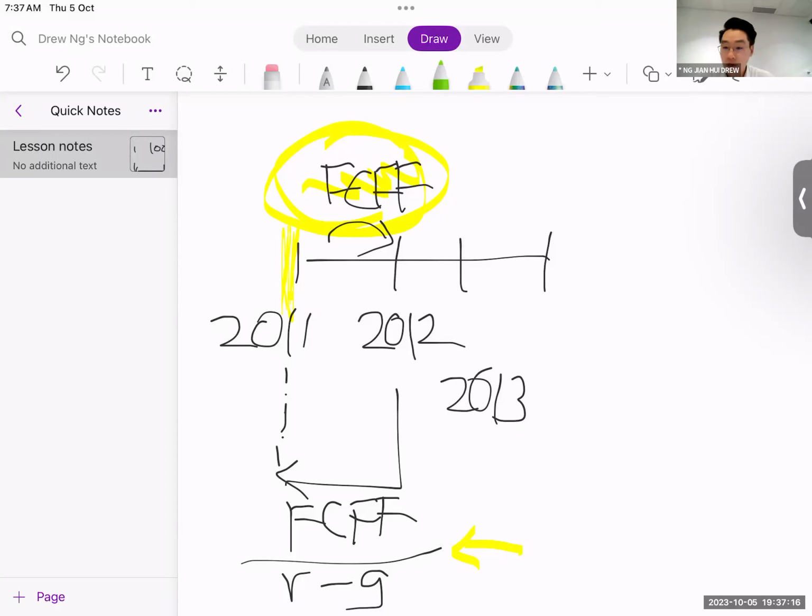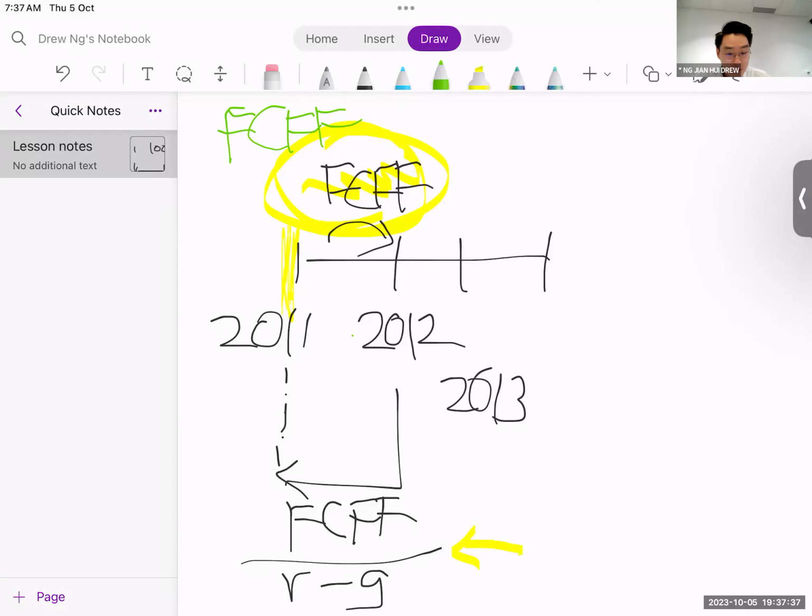Yeah, very good. So the thing is, if the question somehow gave us a calculation of the FCFF in 2011, which is now, then what do we have to do?